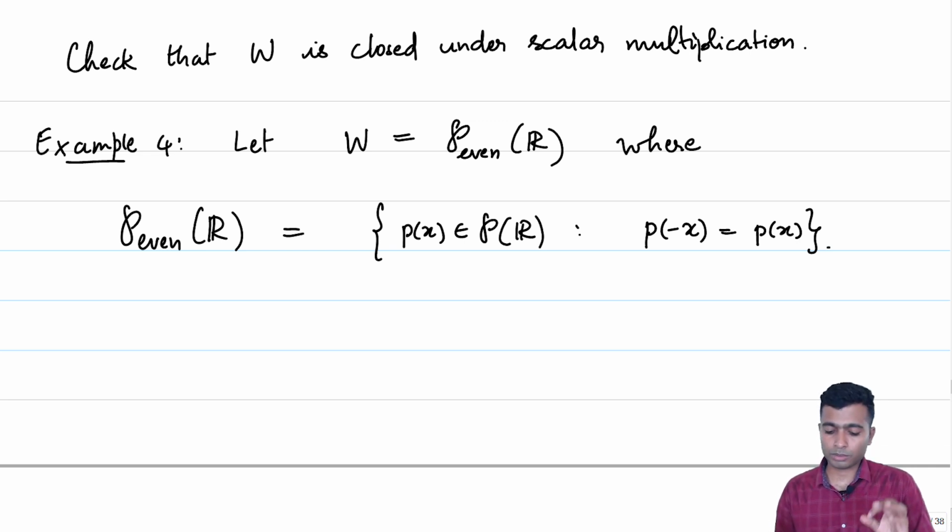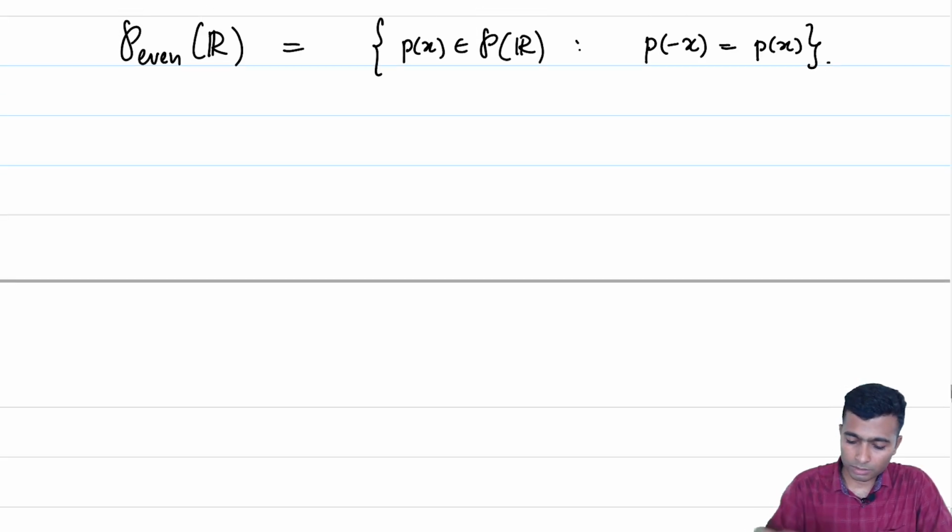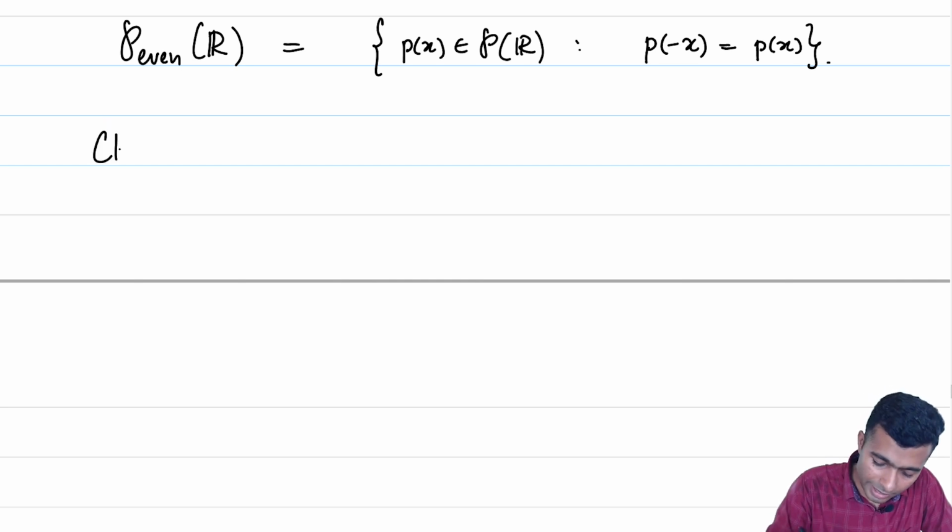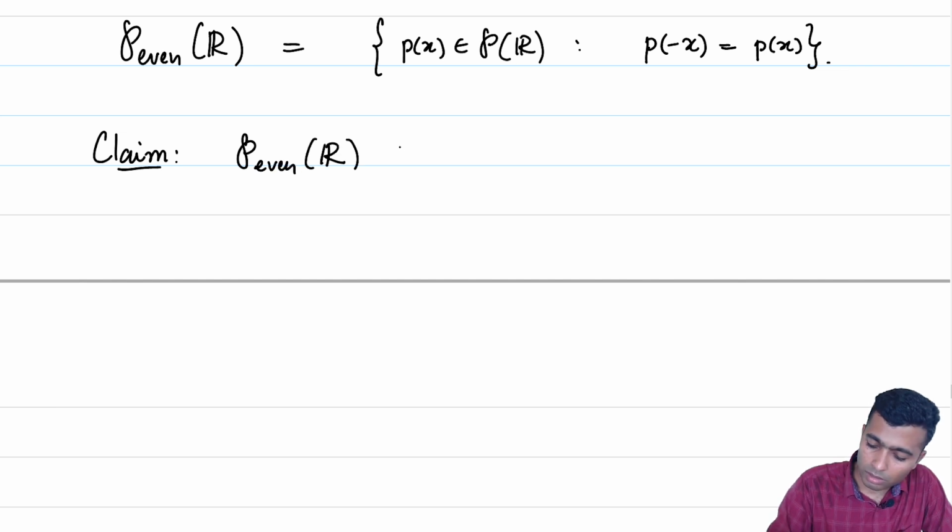Then I would like to claim that W is a vector subspace. Of course, it is a vector space as well, more precisely it is a vector subspace of P of R. So, let me just write it down as a formal claim: P even of R is a vector subspace of P of R.